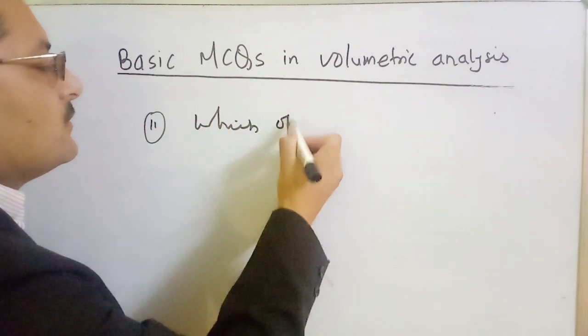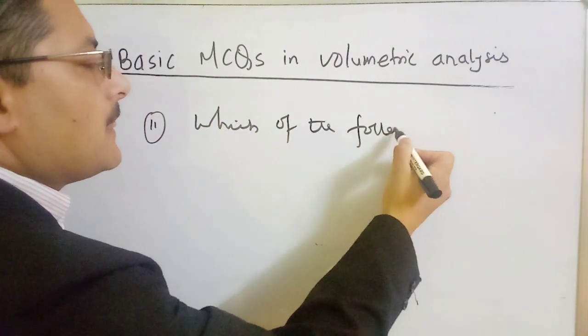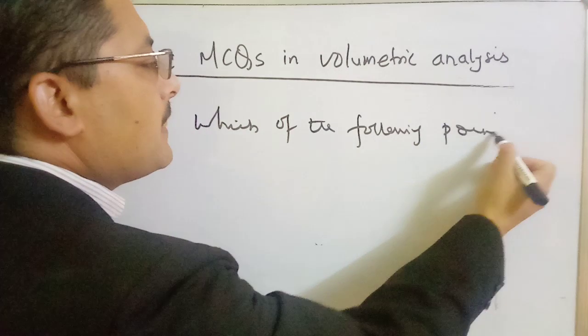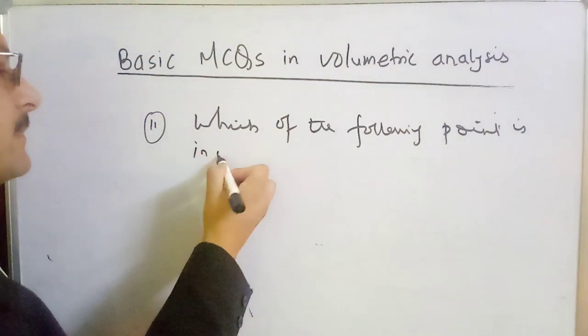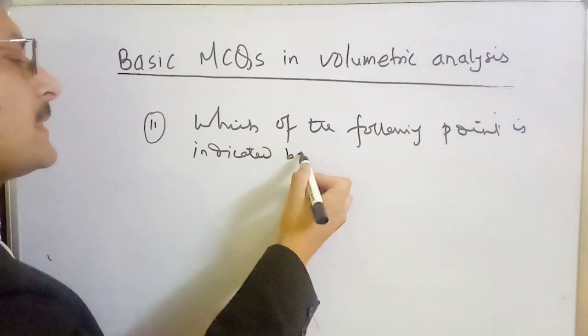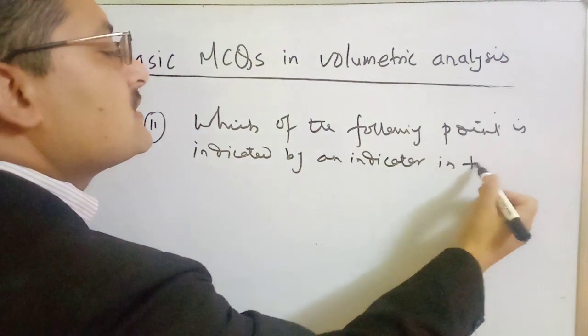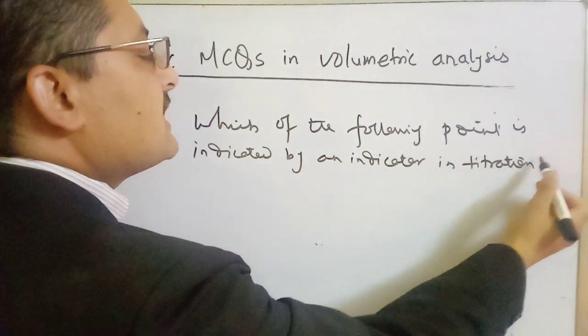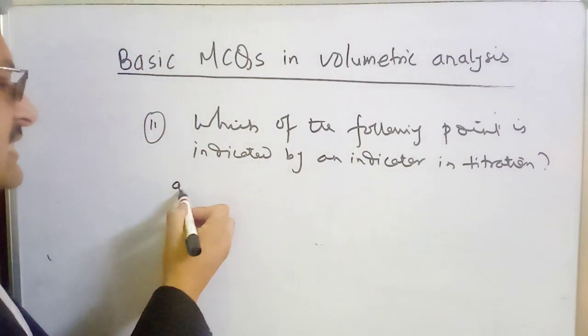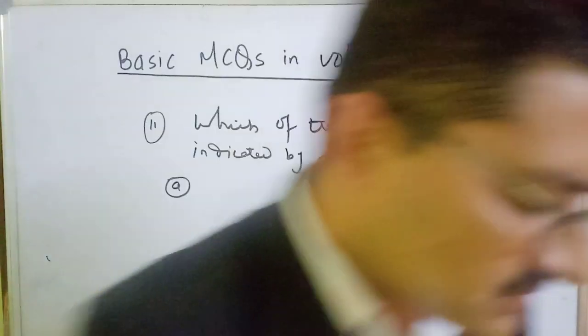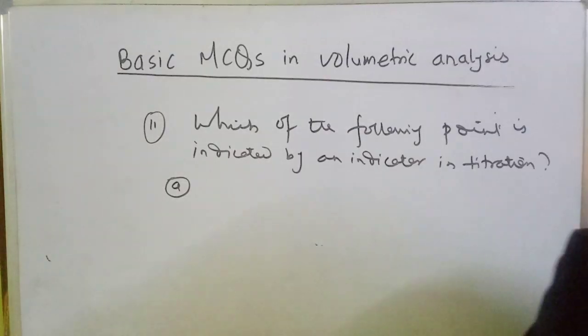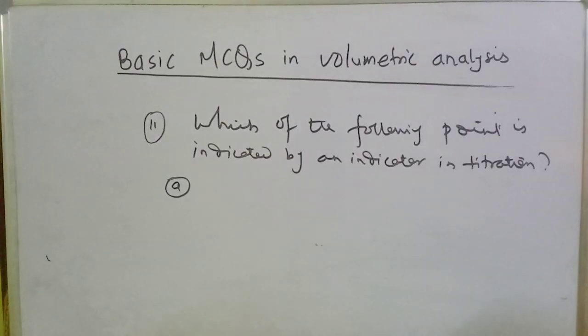Which of the following point is indicated by an indicator in titration? When you do titration, at that time, which of the following point is indicated by the indicator? Indicator is a chemical substance that changes color of itself when the two reacting substances are completely reacted.